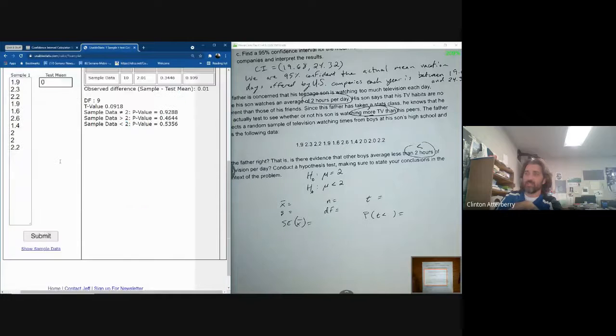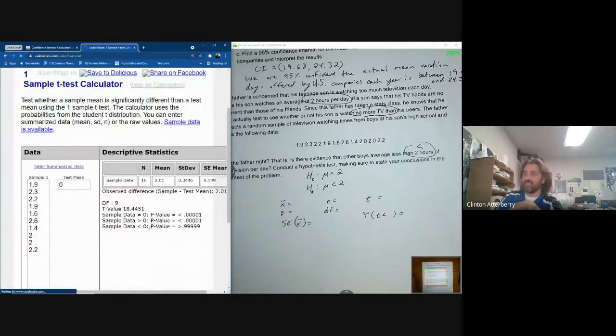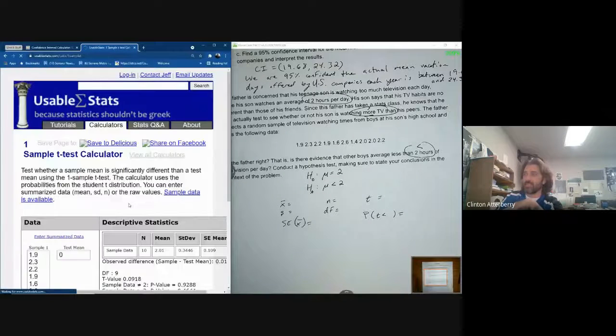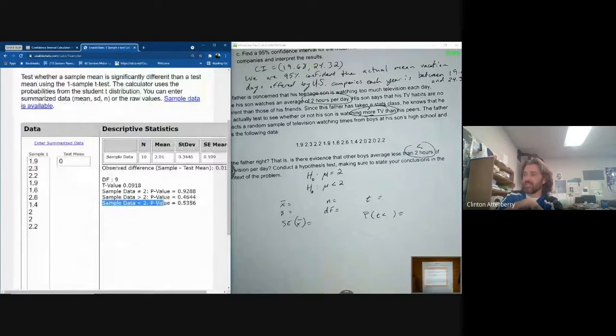Watch, if I calculate it with 0, that's going to change to 0. If I use 2, it's going to change that number. The sample data is not equal to 0. We'll be looking down here where the sample data is less than 0, but it should say less than 2 when we recalculate it with the 2 there. Yeah, sample data is less than 2, p-value of blank. So that's the information we're going to need in a moment.